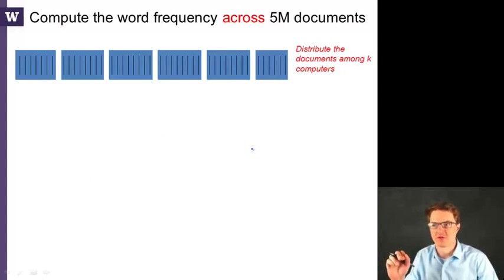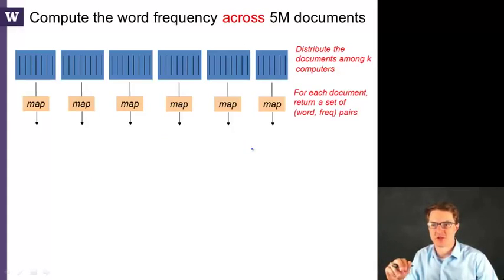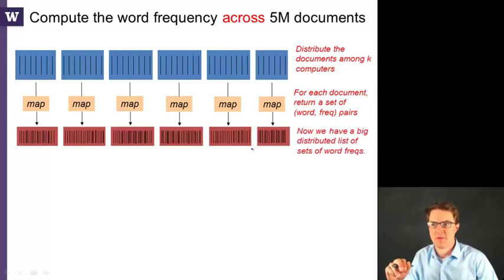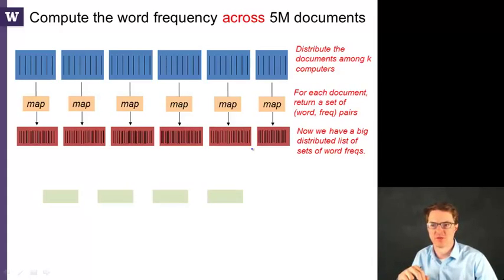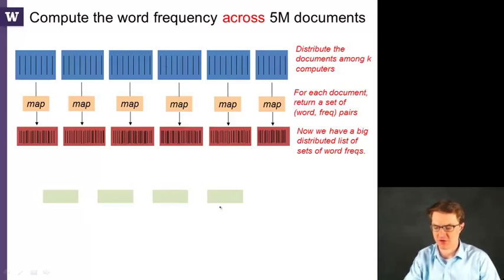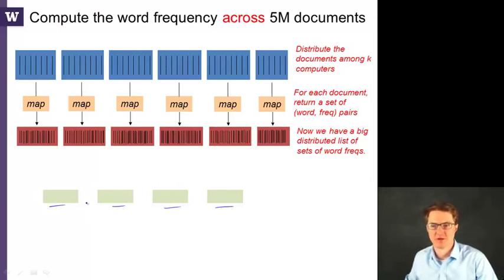So let's look at this again. If we distribute the documents across these computers, we apply our map function to each document in order to produce a set of word frequency pairs, and now we have a big distributed list of these sets of word frequencies. And now we want to get these workers involved in the process. These guys are going to be the ones who count the occurrences of a particular word.